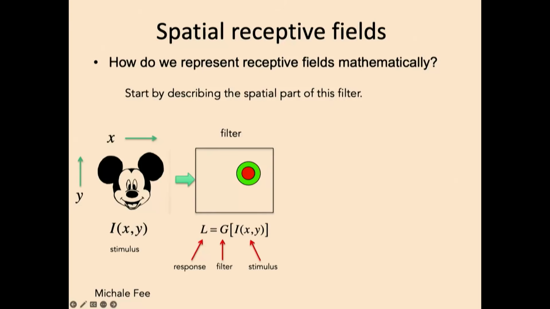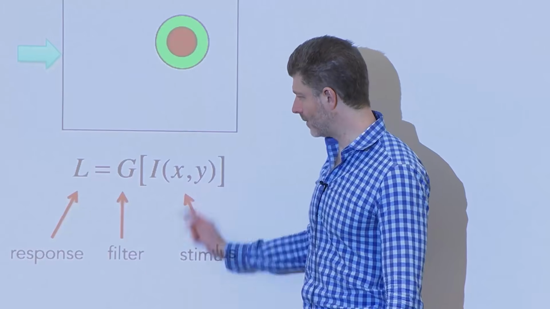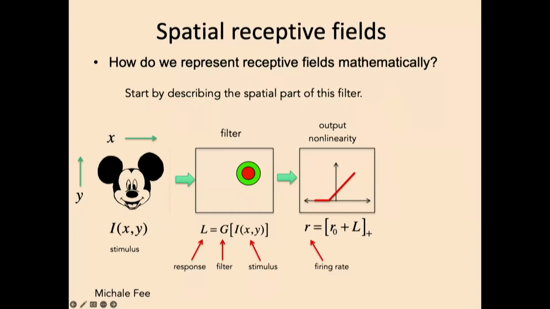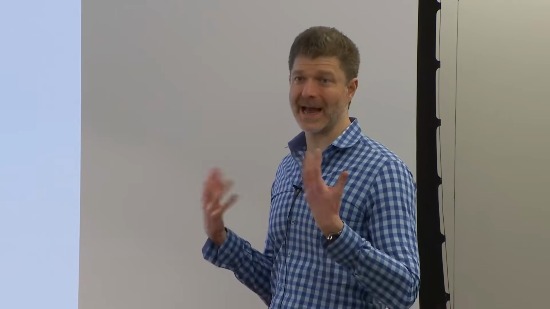Now we're going to try to describe the neuron and its receptive field as a filter. So the filter will be G, and G will operate on the input I, and that will produce a response L. Now, because these are neurons, and we talked a little bit about this a class or two ago in response to a question, the output of the neuron is action potentials.